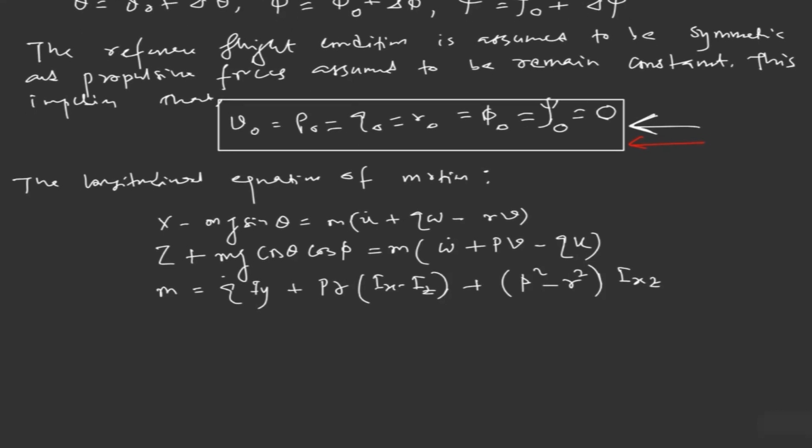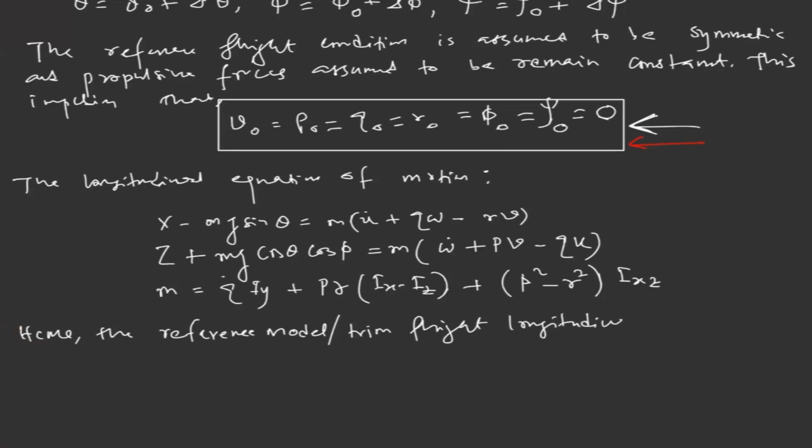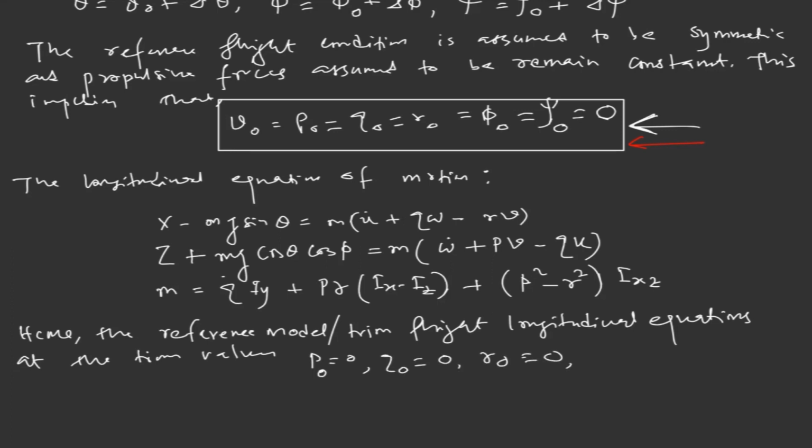Hence, for the reference model or trim flight longitudinal equations, at the trim values P naught equal to 0, Q naught equal to 0, R naught equal to 0, V naught equal to 0, and phi naught equal to 0.